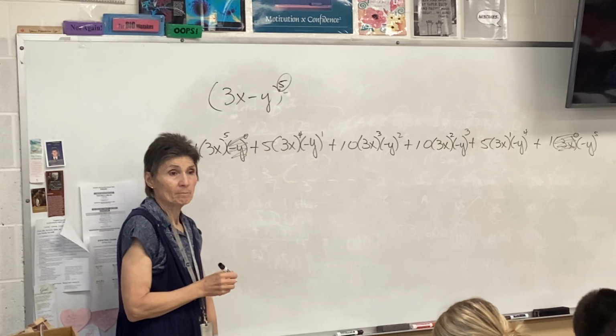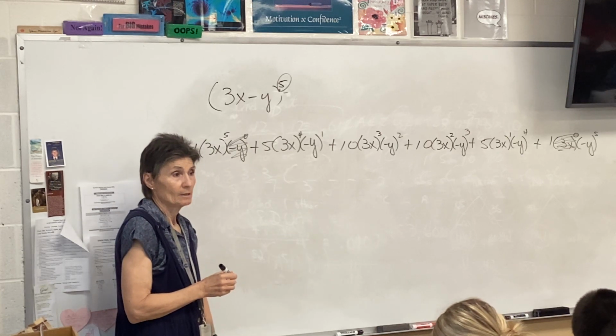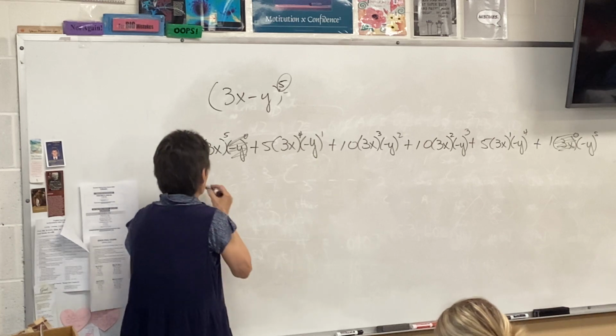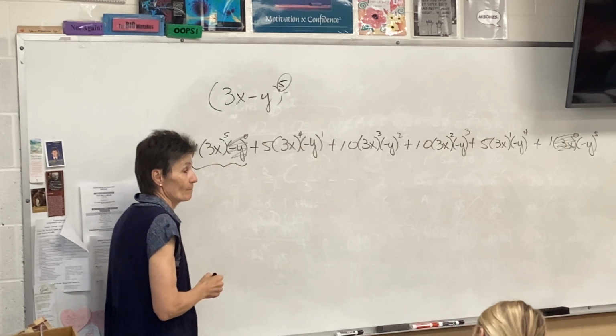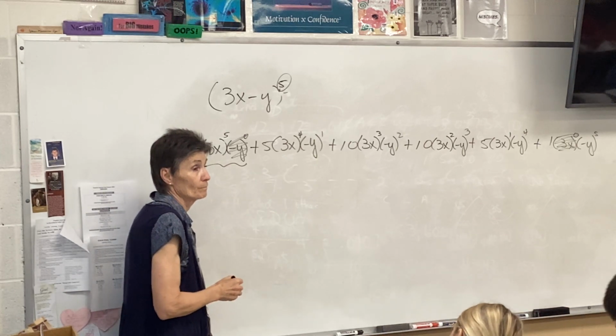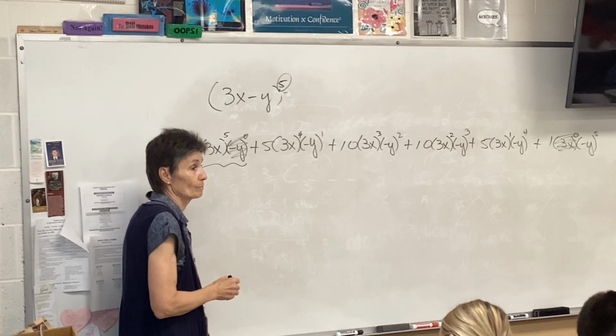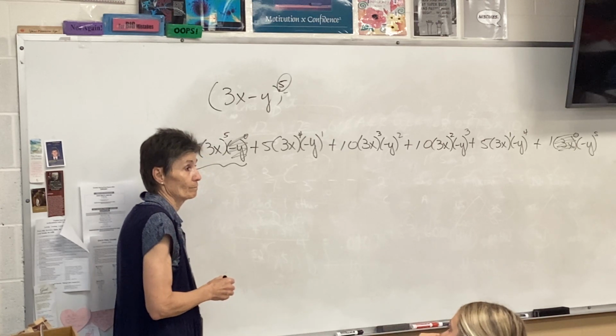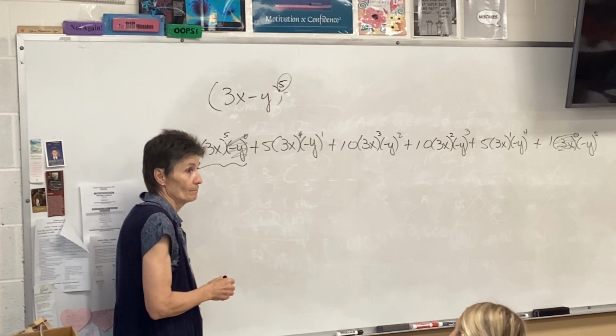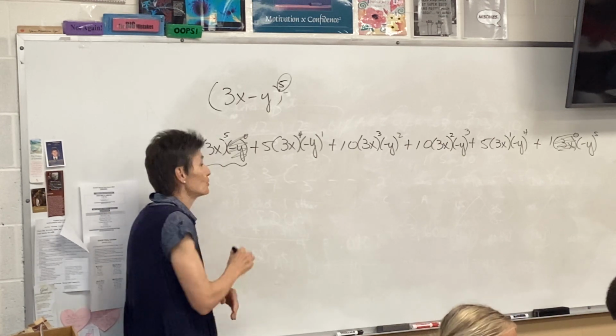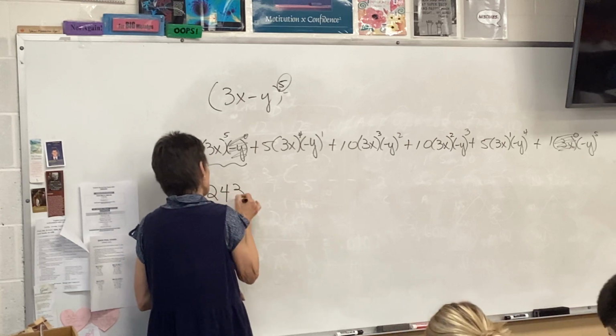And now I will simplify each term. So, what do I got here? 243 x to the 5th.